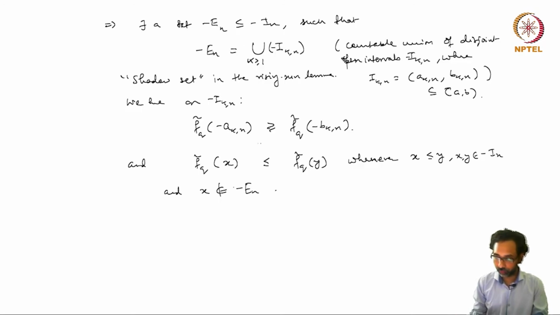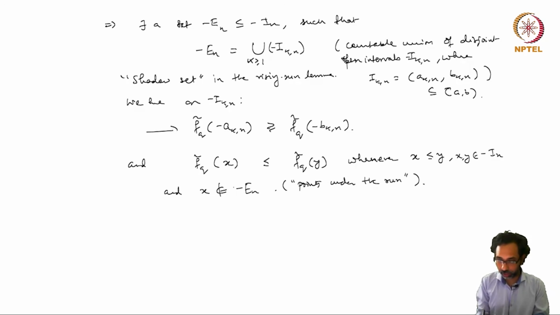So only on the end points of these intervals minus Ikn we have the greater than or equal to sign, and for the rest of the values outside minus En we have less than or equal to sign. These are the points under the sun in the rising sun lemma.